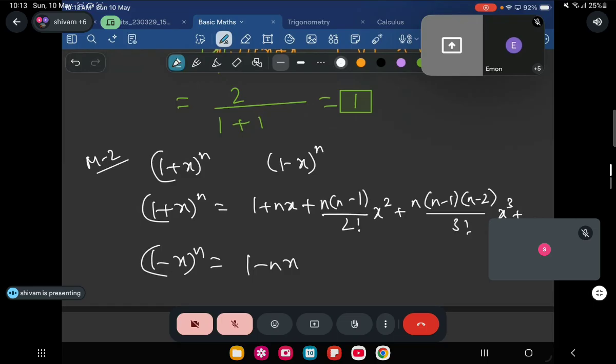Tell me the positive, negative. Plus or minus? Instead of x, you just substitute minus x, you get the result. n into n minus 1 by 2 factorial into x square, then minus, x cube will be negative, right?